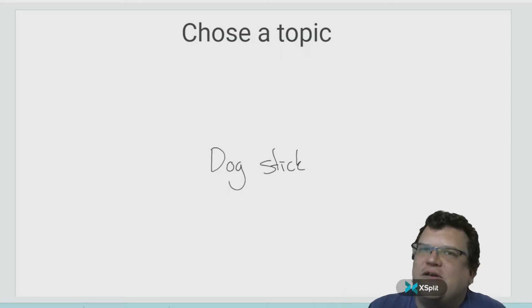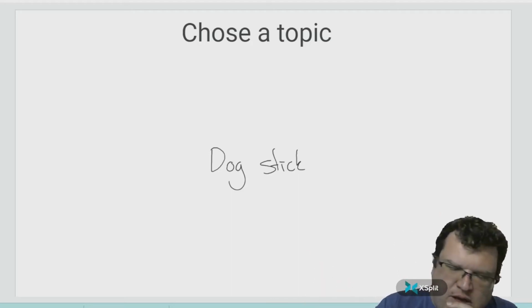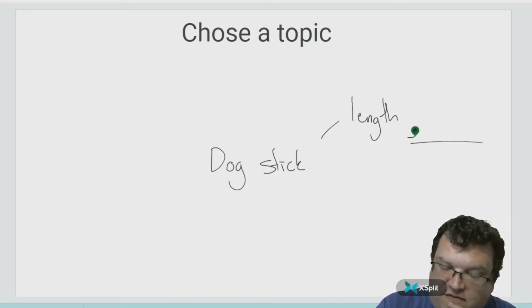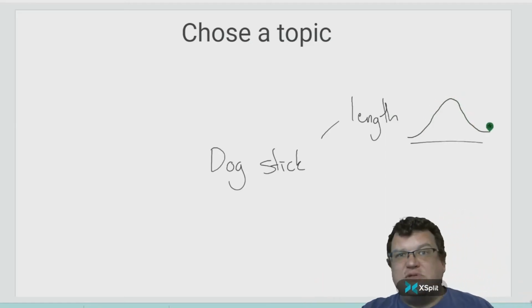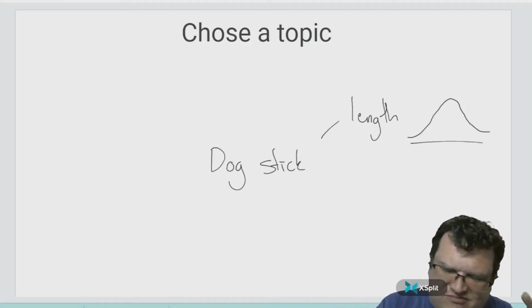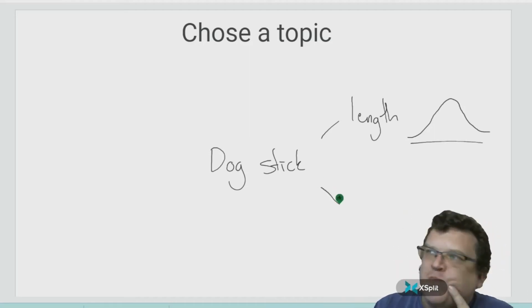What would be the perfect stick for my dog? Like, I don't want it too long. I don't want it too short. Is there something I could do about length there? That gets me thinking about distributions, the normal distribution of sticks that I find. Maybe I could collect some sticks on my walk, do some sampling, see if it fits the normal distribution. Who knows? Not loving that idea, doesn't sound brilliant.